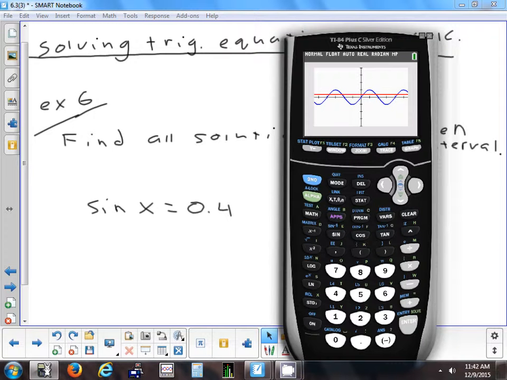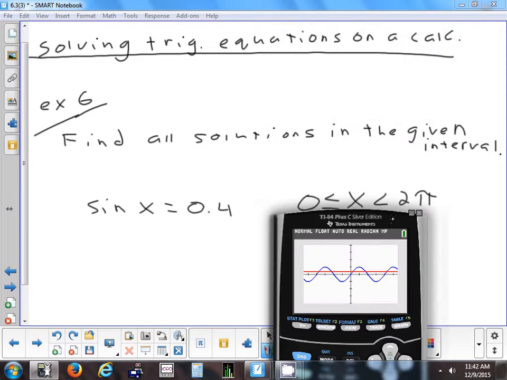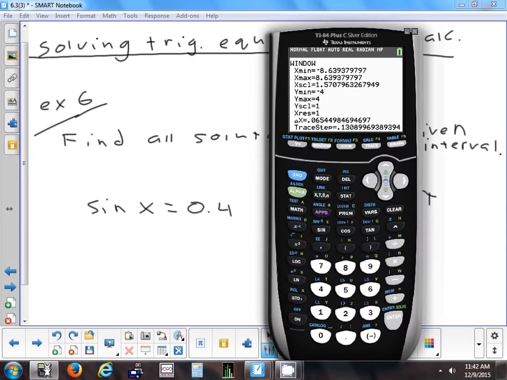Infinitely many. So the idea is we'd only have to find maybe 1 or 2 solutions, and then we could just say that those solutions are going to keep reoccurring every period. So every period you get another solution. In this case, they only want us to list all the solutions between 0 and 2 pi. So that's what I'll do.